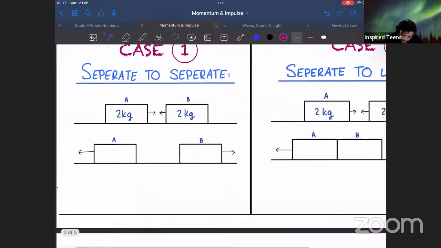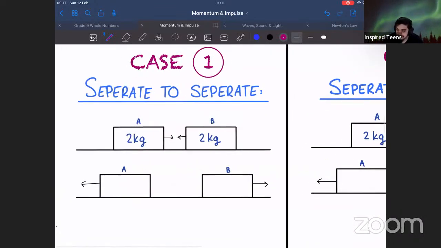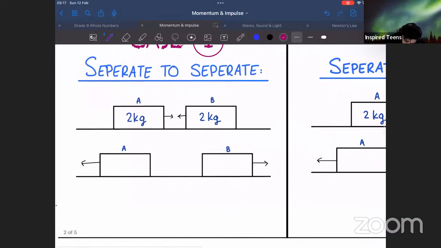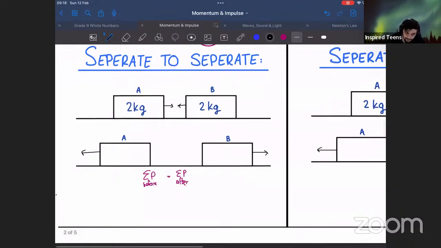Let's talk about case one specifically and discuss the formula. So yes, it is all linear momentum. The sum of momentum before is going to be equal to the sum of momentum after. When we talk about the formula, we are adding the momentum of both objects before, because we are dealing with two separate objects. So I'm going to calculate momentum for object one initially.